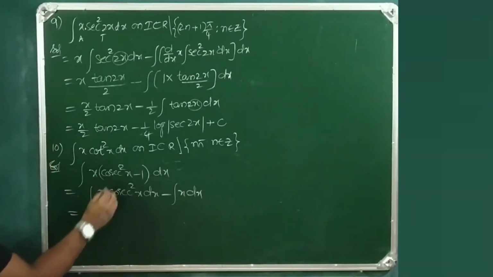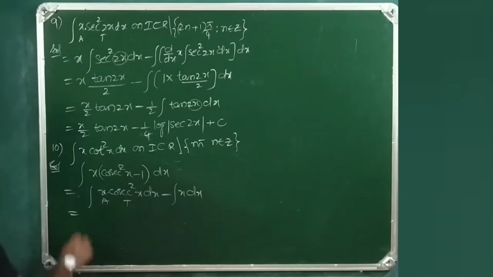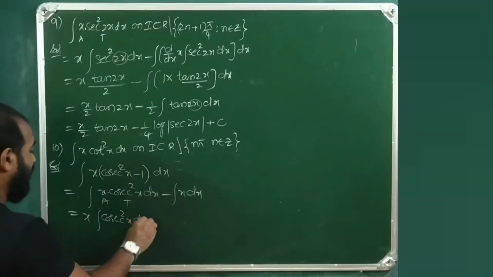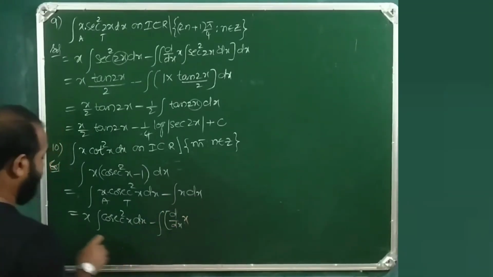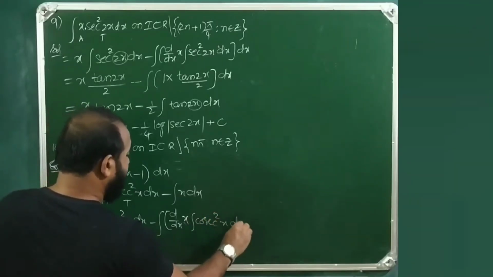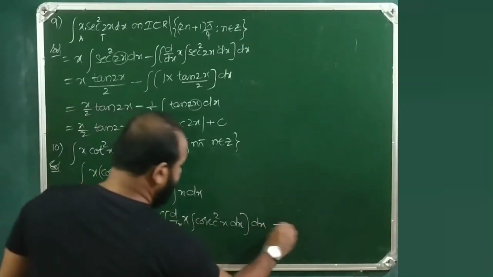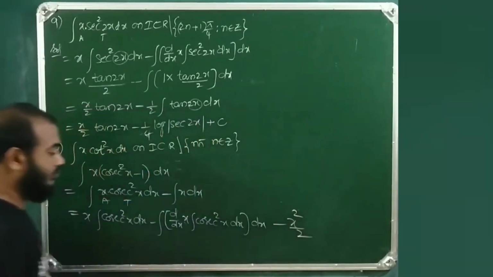So here in the first part we have a product of two functions, an algebraic function and a trigonometric function. So first function into integral of second function dx minus integral of d by dx of first function into integral of second function dx, whole dx, minus integral x dx, which is x square by 2.